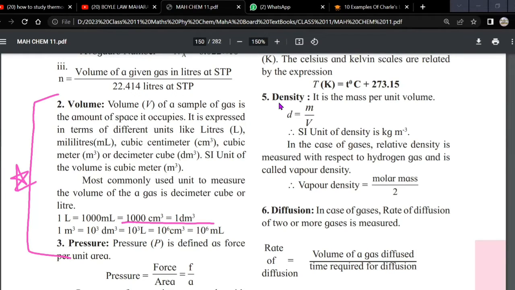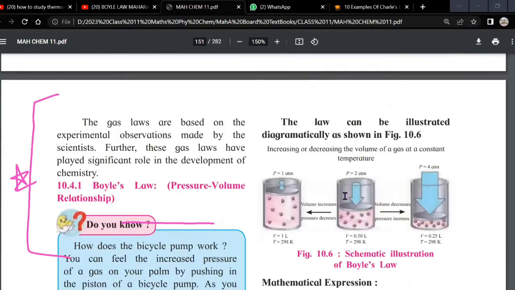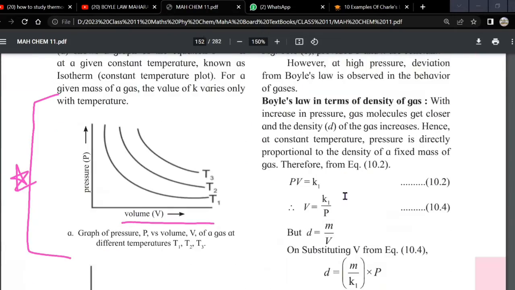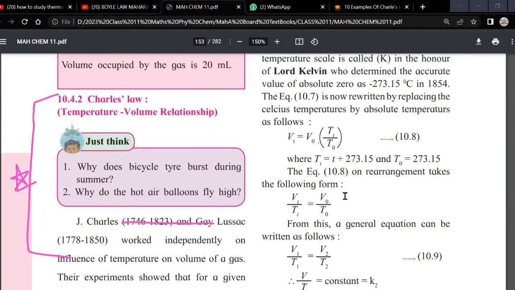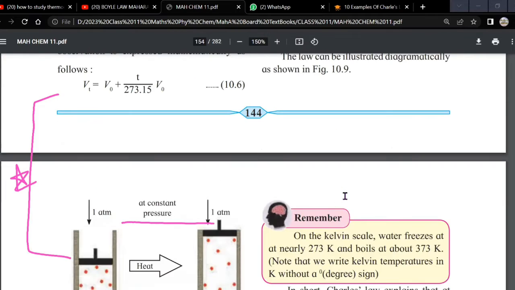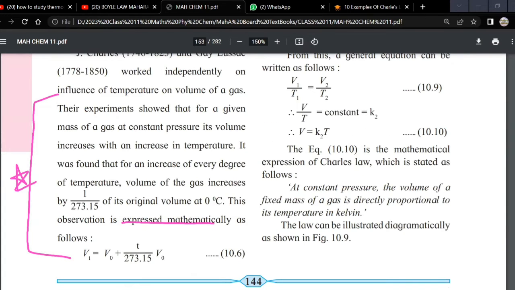So this is simple Charles law. If you want to see a small animation also, if they ask in an exam what is Charles law, what we should write is, because at times they will ask you the definition also in school exams, not usually in competitions: at constant pressure, the volume of a fixed mass of a gas is directly proportional to the temperature in Kelvin.